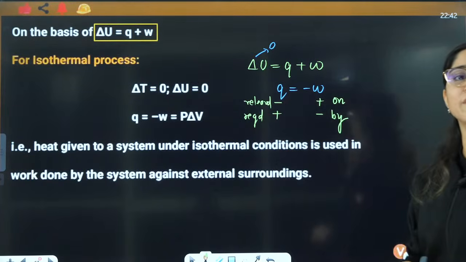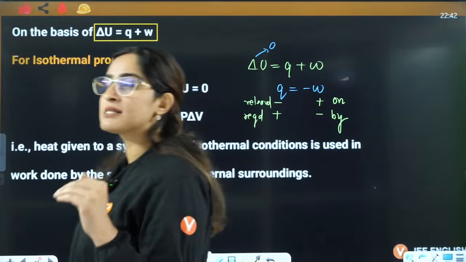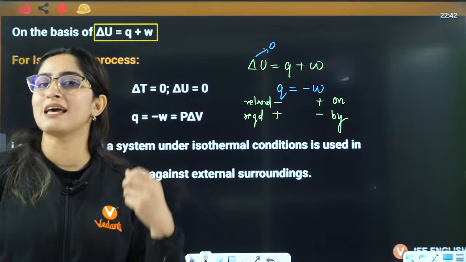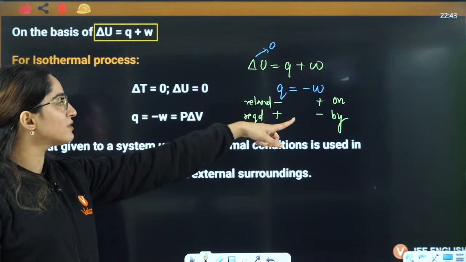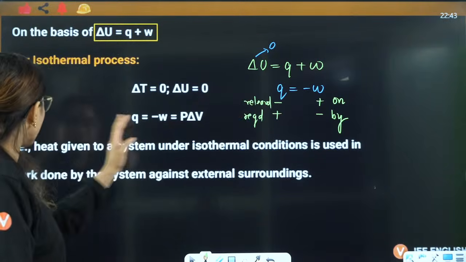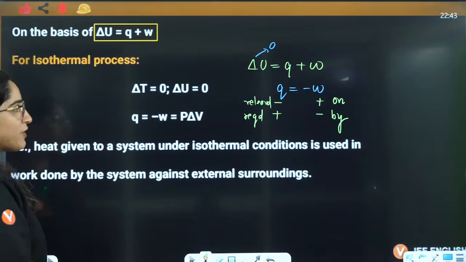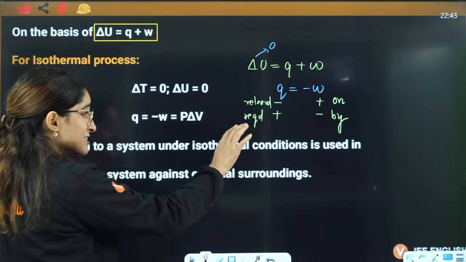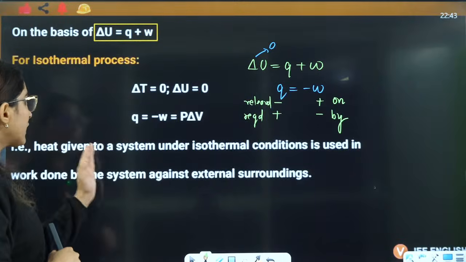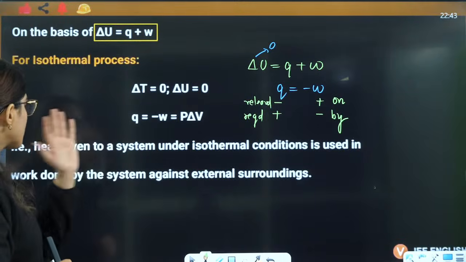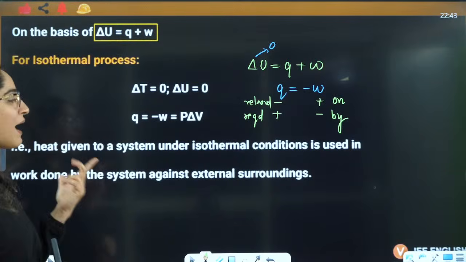These are the statements that you must know. For an isothermal process, internal energy change is zero, and whenever work is done on the system, heat energy is released, right? So whenever the system absorbs heat, work is done by the system. Heat given to the system under isothermal condition is used in work done by the system.